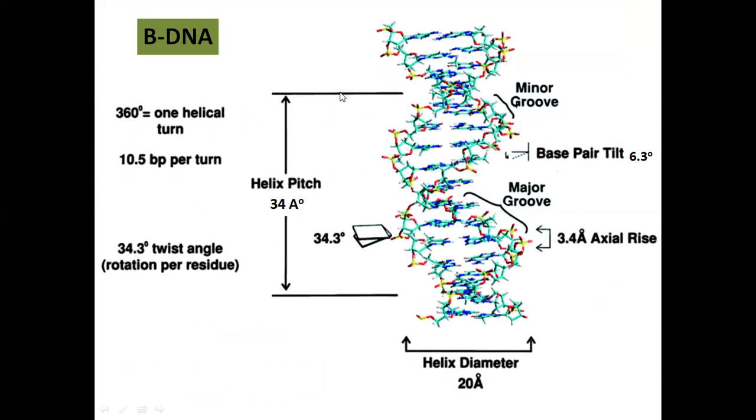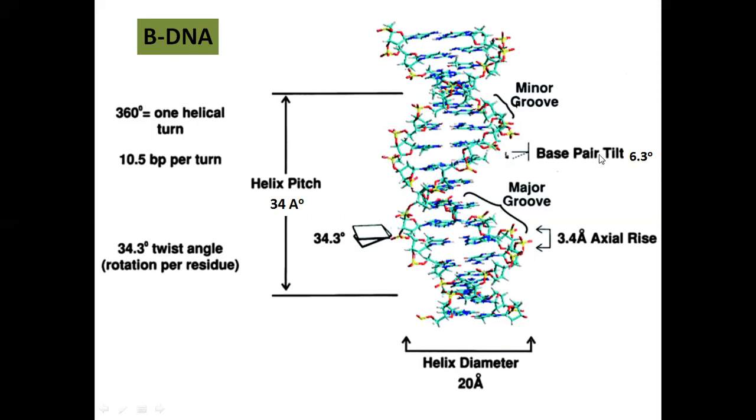What do you mean by one helical turn? It is a rotation of 360 degrees, so it is 34 angstrom. What is the diameter of the helix? It is 20 angstrom. See here, it is a minor groove and a major groove. And the distance between two consecutive base pairs, or the axial rise, is 3.4 angstrom.